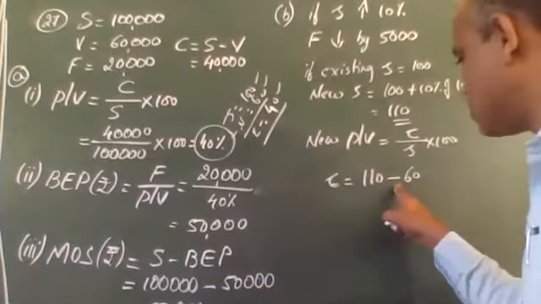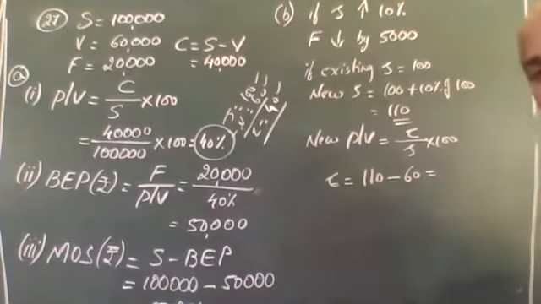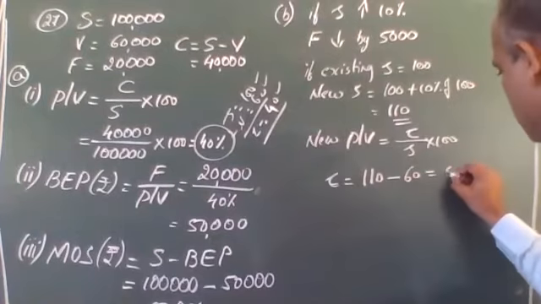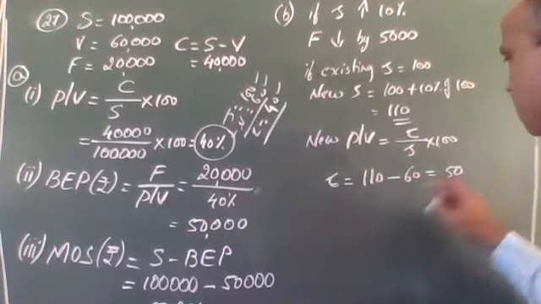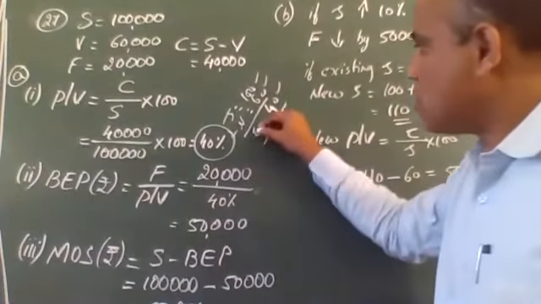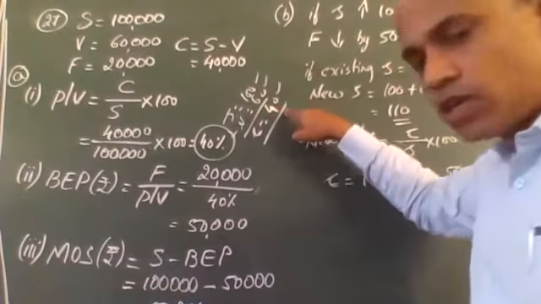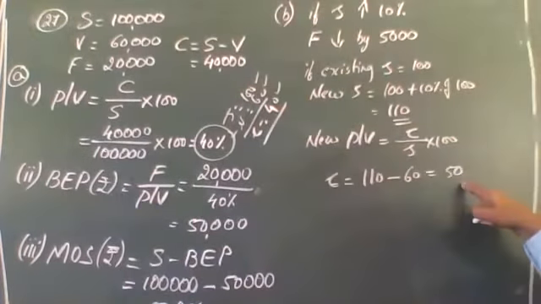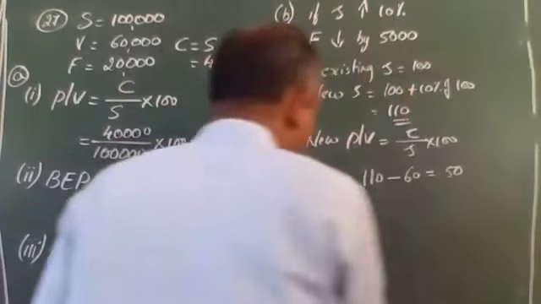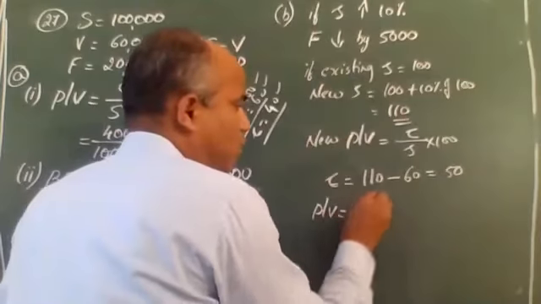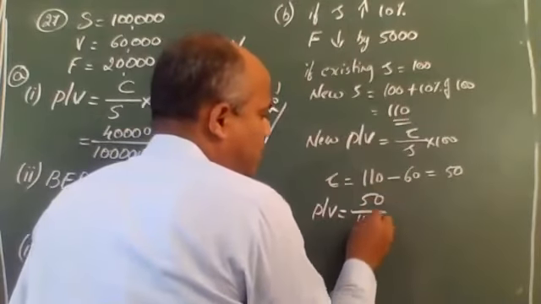So I'm taking the same 60. So for me, the contribution per unit is 50 rupees per unit. Previously the contribution per unit was 40. Now the contribution is 50. So there is some change. Okay. Now the new PV ratio will be new contribution per unit by new selling price.